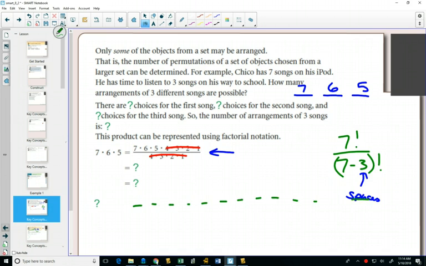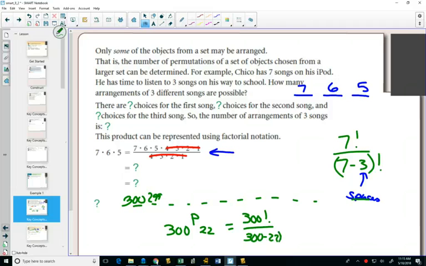And you could start with 300 and then 299 and then write in all those numbers. But this might be a place where you go, oh, using the formula 300P22 is a shorter way of writing it. And I could figure this out by doing 300 factorial over 300 minus 22 factorial. This number might be so big, it might not even work on your calculator, but I want you to see if you can figure out how to type this into your calculator. And tell me if it's too big of a number for your calculator to figure out or not.